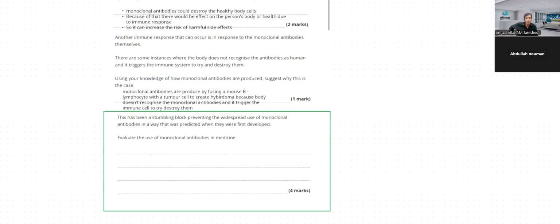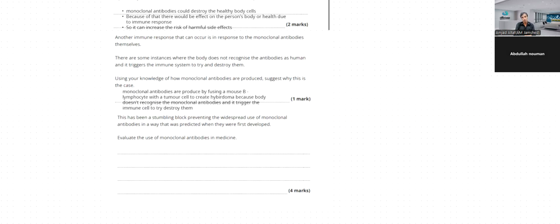I can write the use first and then a little bit more: monoclonal antibodies can be used to treat disease, especially cancer, because it's hard to treat, and then I can write the reason for every point.